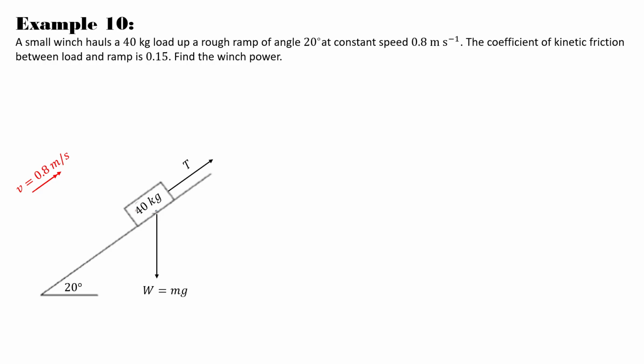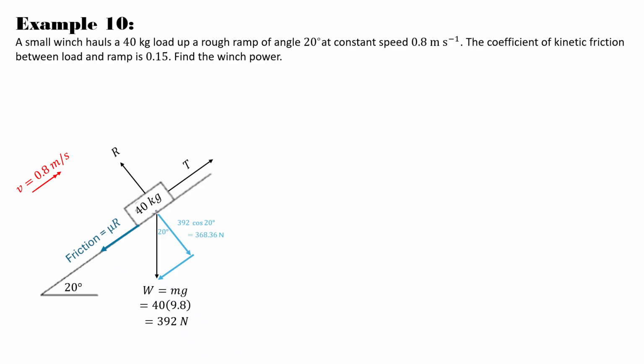So we then have our weight, which is equal to mass times gravity, which works out as 392. We have a reaction and we have a friction, which is mu times R. It's really important that we understand direction of motion so our friction goes in the right way. So we need our reaction to calculate our friction. So we're going to need to resolve our weight into parallel and perpendicular components.